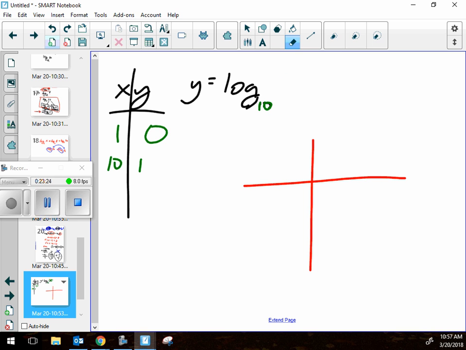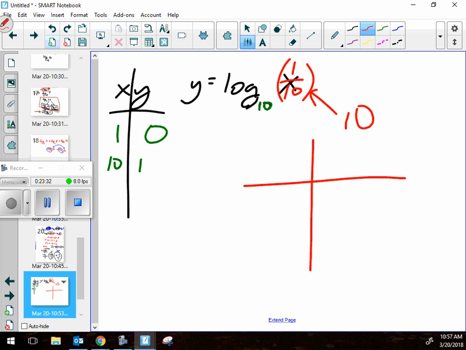Everybody forgets to try that, but it works really well because it's the same as 10 to the negative 1. That means when you put in 1/10, then this becomes log base 10 of 10 to the negative 1, so the answer is negative 1. 1/10 gives you negative 1.